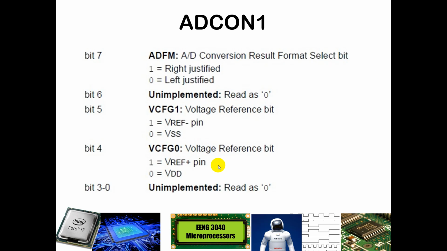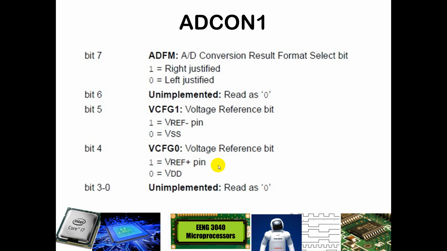ADCON 1 is also quite important. ADCON 1 bit 7 determines how the data is organized in the 2 different result registers. So if you put in a 1, it is right justified, and we'll illustrate that in a later slide in just a moment. But what that means is the least significant bit of your result is going to be the least significant bit in the lower byte, and then it will go on up until you have the most significant 2 bits in the upper byte.